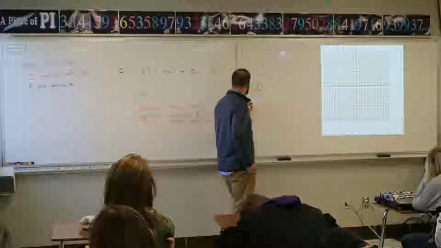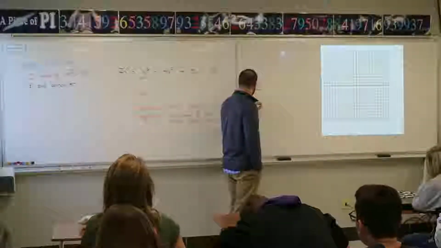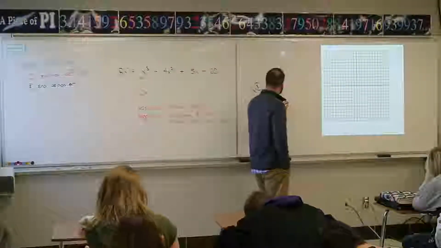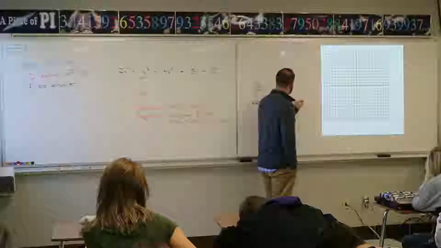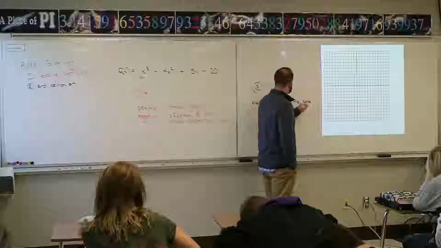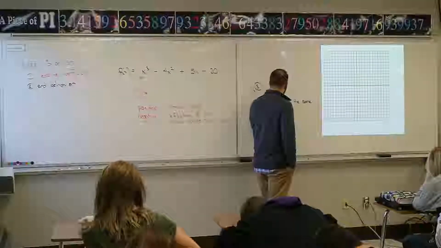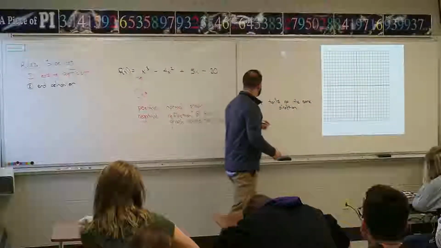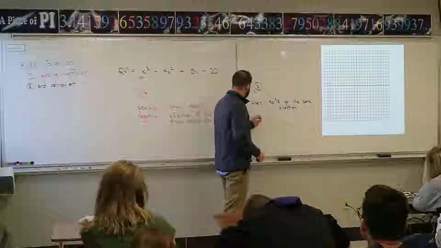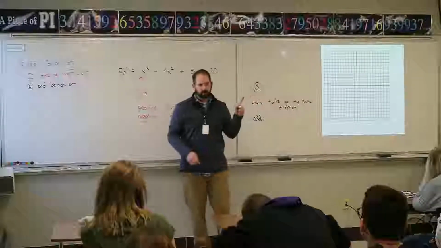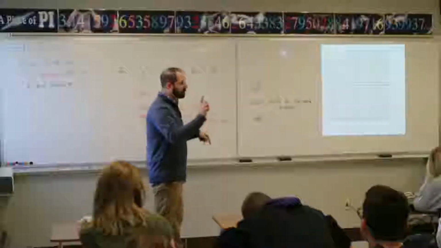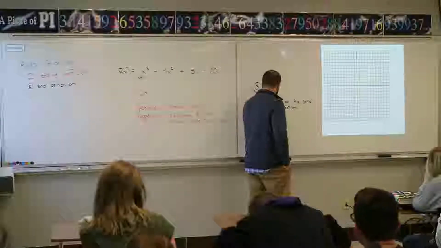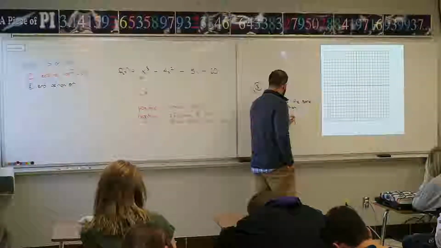If the power is even, the tails go the same direction. So what I mean by that is when we're graphing it, the tails would both go either up or they both go down. If it's an odd number, do you agree that my power is odd, the highest degree? Then my tails go opposite directions.